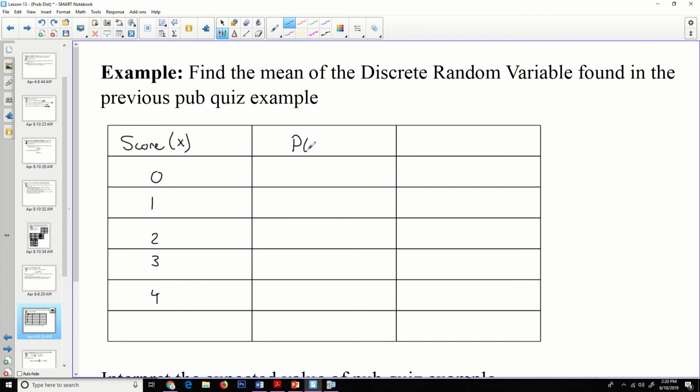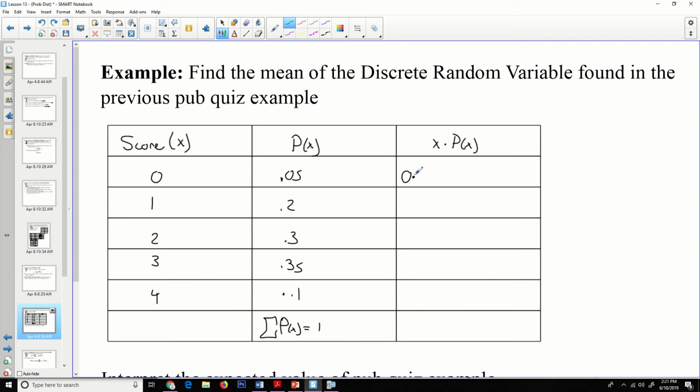Then we had our P of X, our probability of X, which was 0.05, 0.2, 0.3, 0.35, and then 0.1. And then the sum of those probabilities of X we found to be 1. And so X times the probability of X is just me multiplying these two.